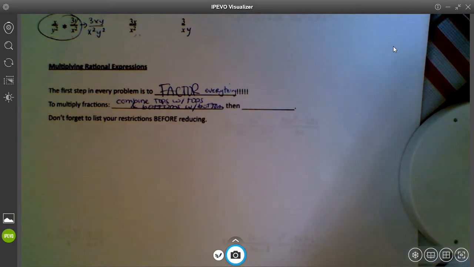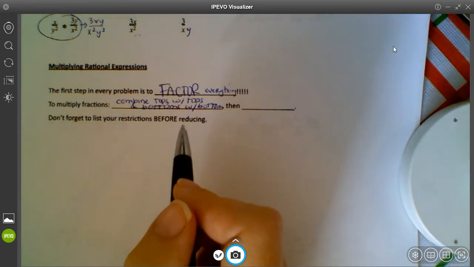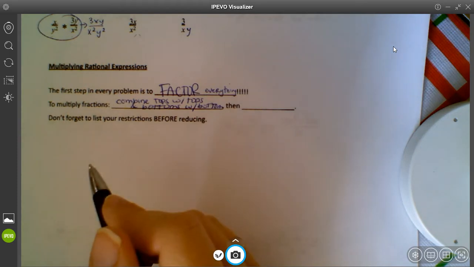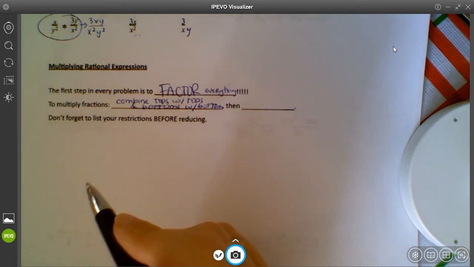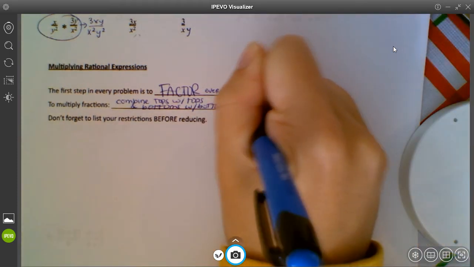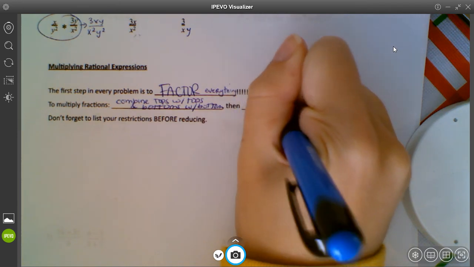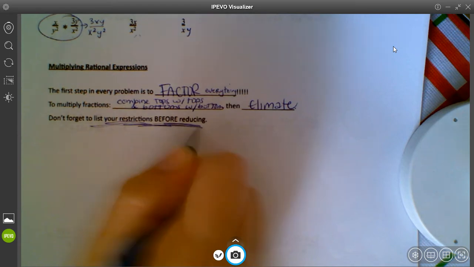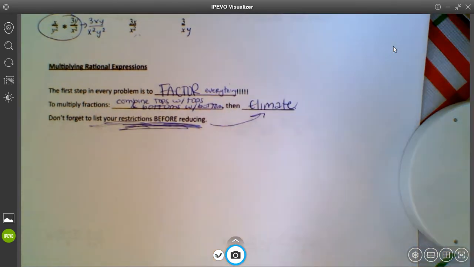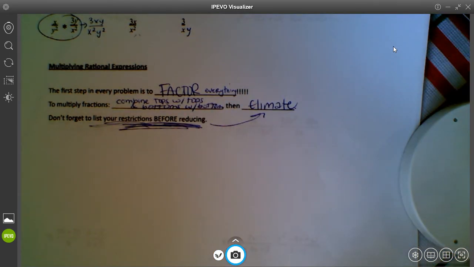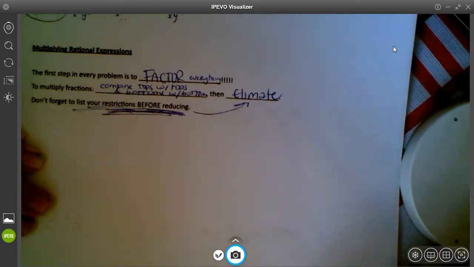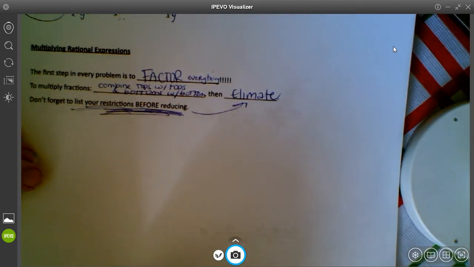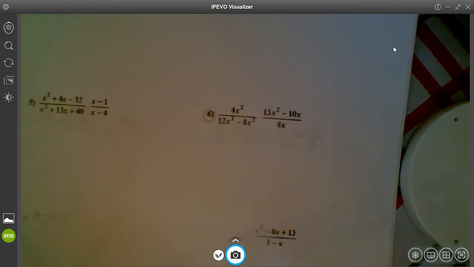And after we combine, it'll look exactly like the regular simplifying expression lesson we did. So then we get to eliminate. And we can't forget our restrictions before reducing, before that elimination stage. So let's see this in action, because it's not much different than our last lesson.